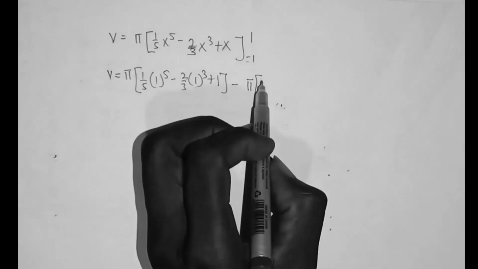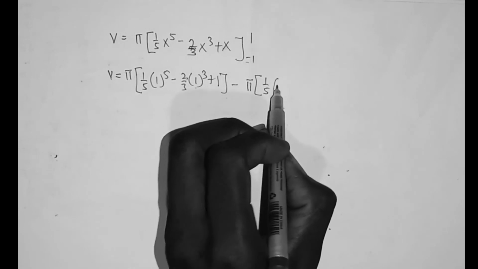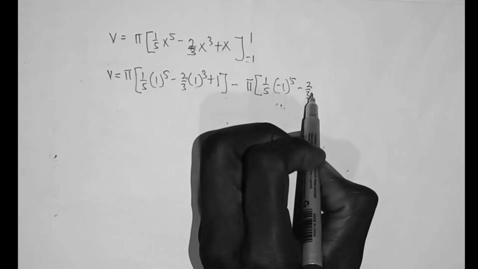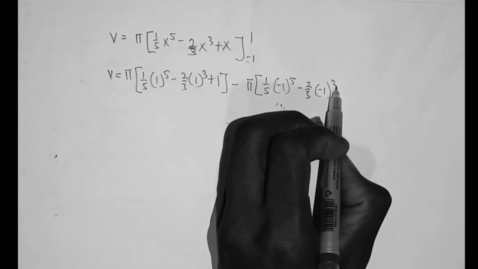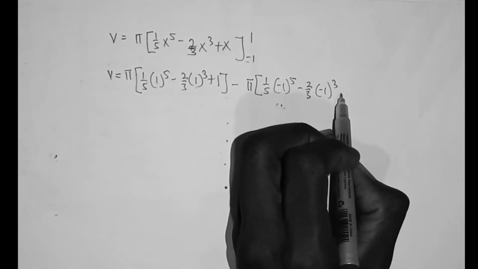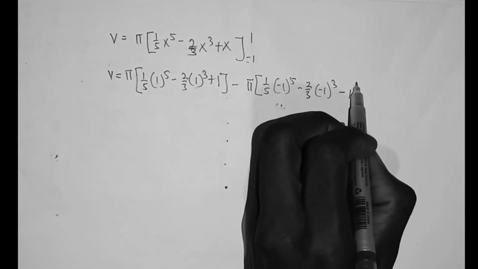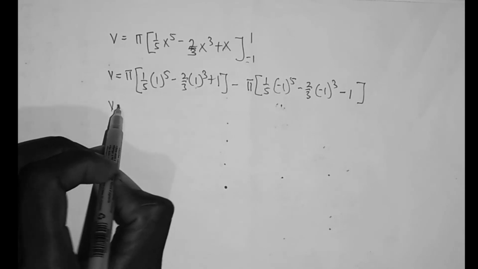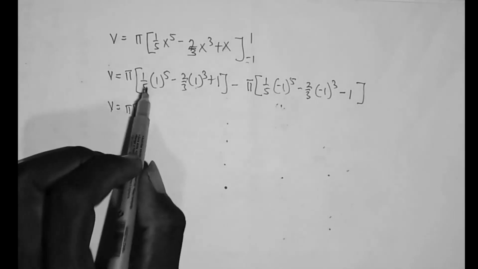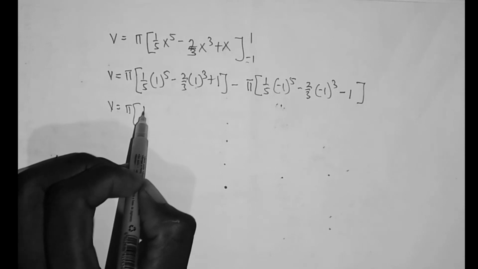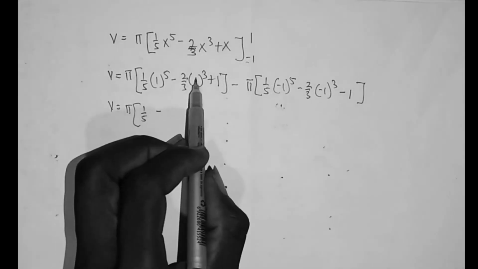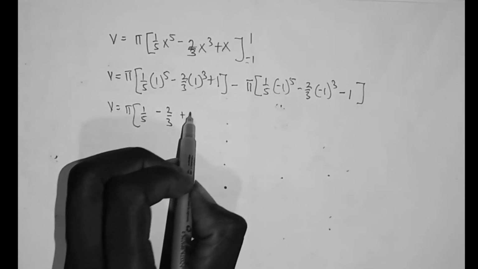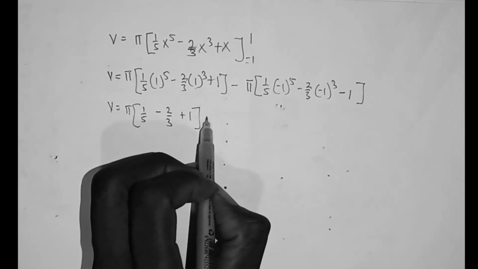So now we put in minus 1 over 5 minus 1 exponent 5, minus 2 over 3 minus 1 exponent 3, then minus 1. So V is equal to pi into bracket, 1 exponent 5 is 1, so this is 1 over 5, minus, 1 exponent 3 is also 1, so minus 2 over 3, then plus 1, then minus pi.